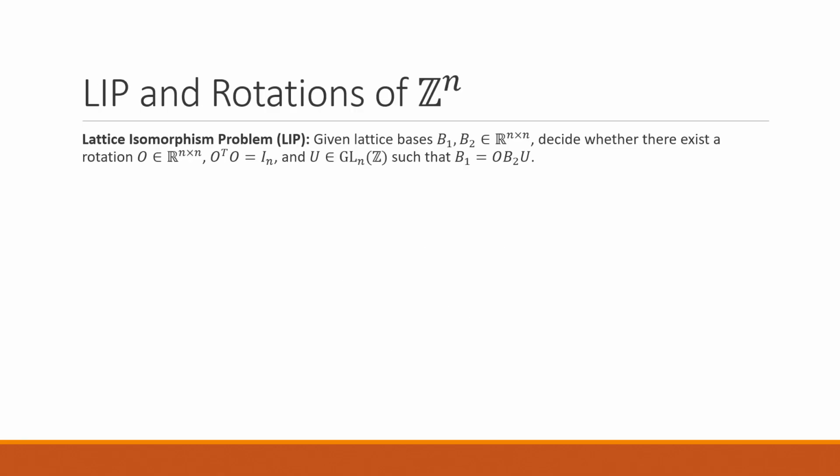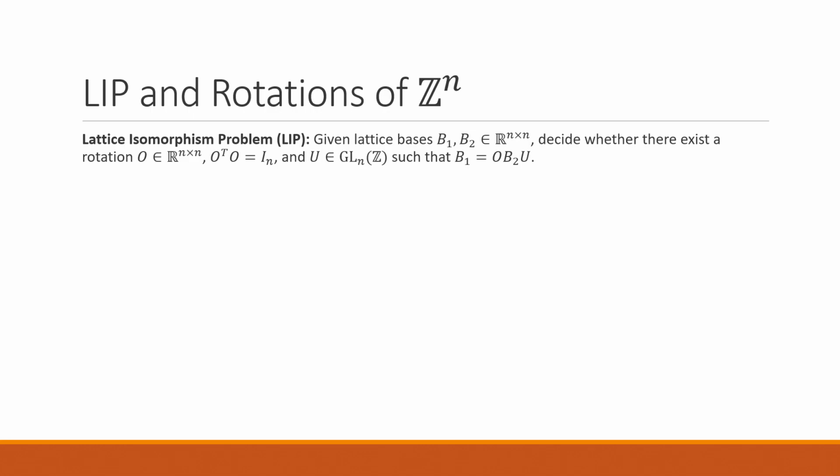The problem I'll be talking about today is the lattice isomorphism problem. Intuitively, you get 2 different lattices as input, specified as bases, and your goal is to determine whether one lattice is a rotation of the other. In other words, whether there's an orthogonal linear transformation O, that is, a matrix such that O transpose O is the identity, such that O times the first lattice, L1, is equal to the second lattice, L2.